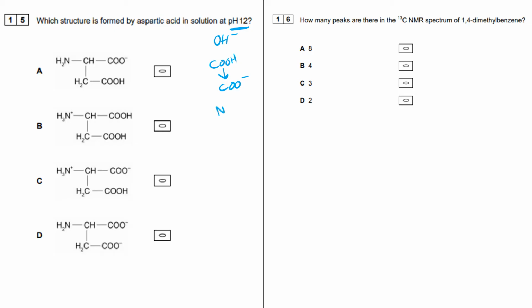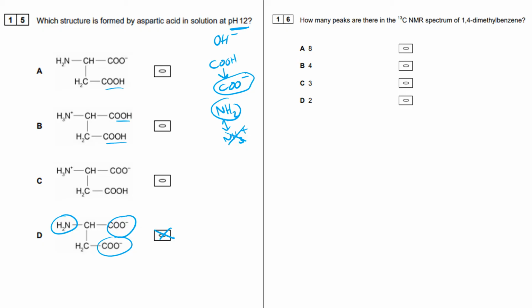Your NH2 amine groups interchange with NH3 plus, but in an alkaline environment there's an absence of H plus. So at pH 12, you're going to have your COO minuses and you're going to have your NH2s. Because aspartic acid has two carboxylic acid groups, as we can see here, both of them would be COO minus. So answer D is correct in this case.